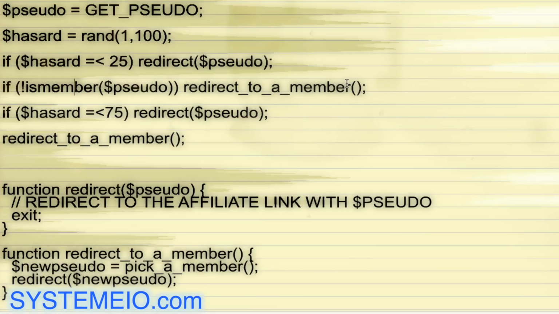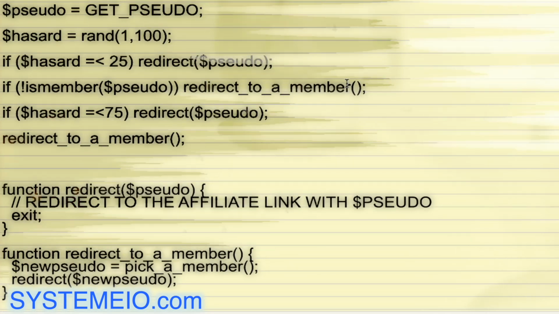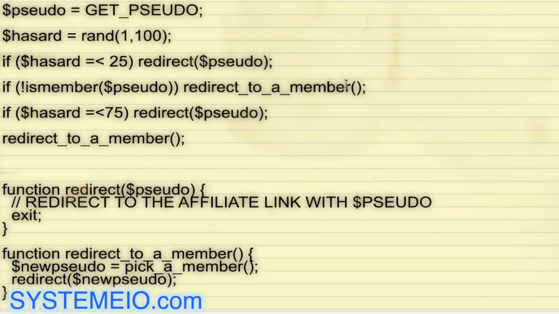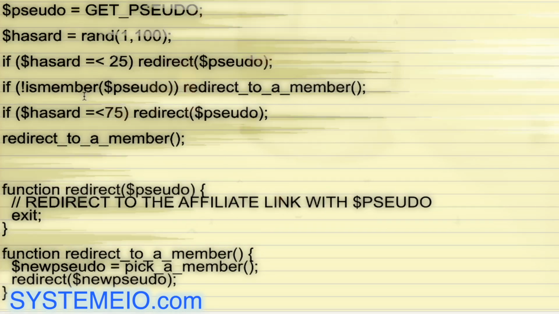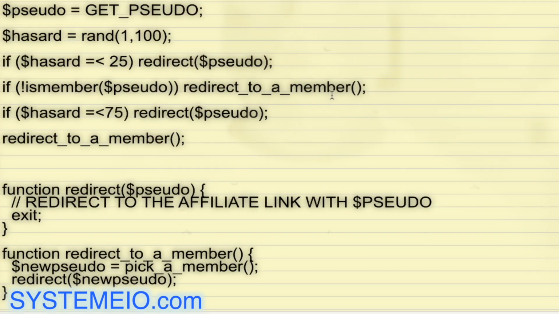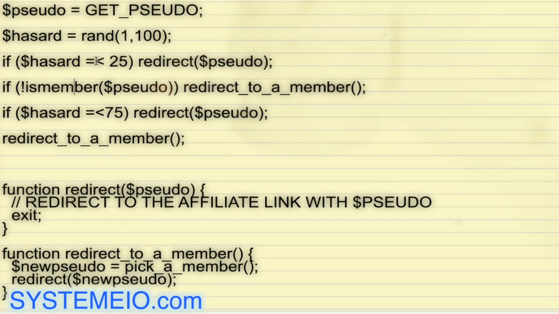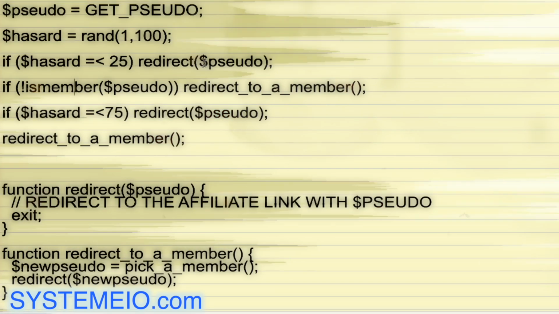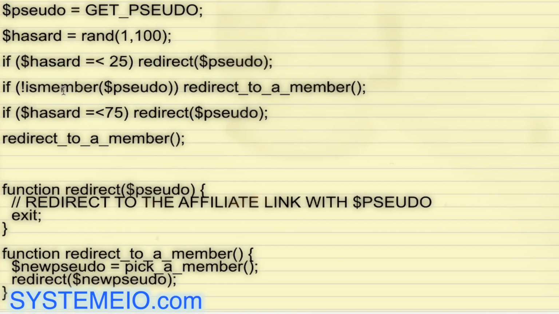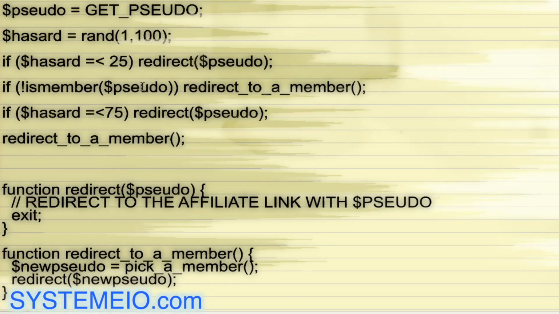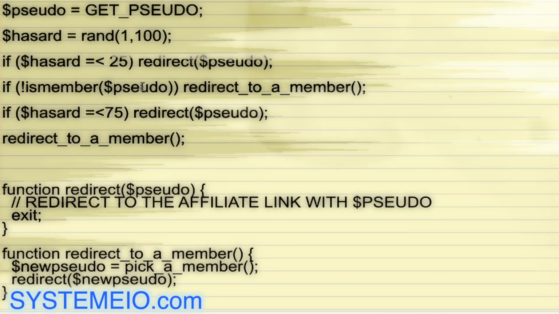You call this function, which will choose a member at random and will redirect with this member's affiliate ID. A non-member will have only 1 chance out of 4. If it is not yet redirected, and if it's not a member, then it's finished for him. The traffic will go to a member.